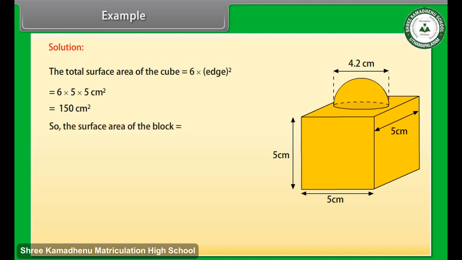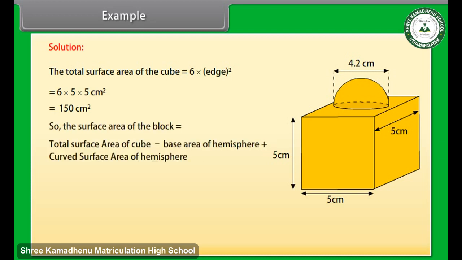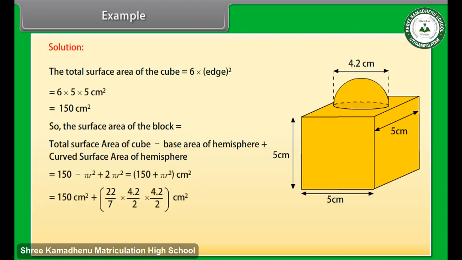So, the surface area of the block is equal to total surface area of cube minus base area of hemisphere plus curved surface area of hemisphere. On substituting the values, we can find the surface area of the block, which is 163.86 centimeters square.